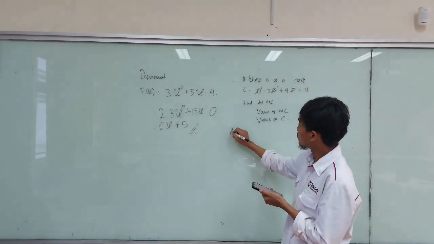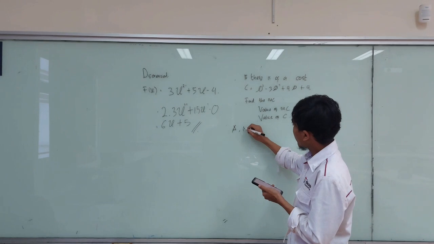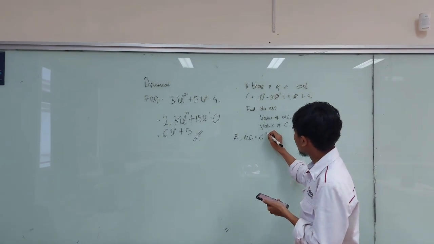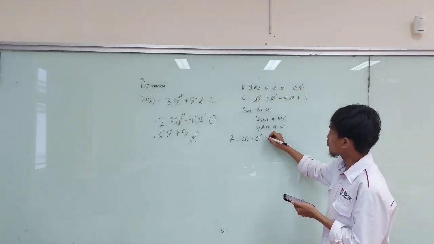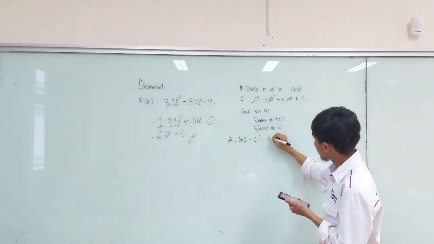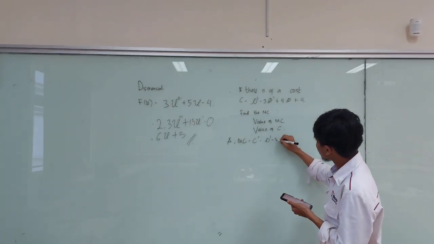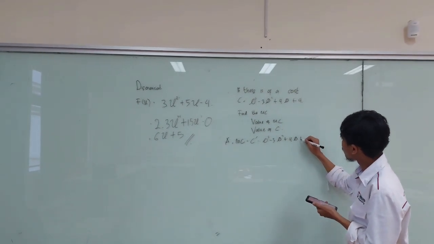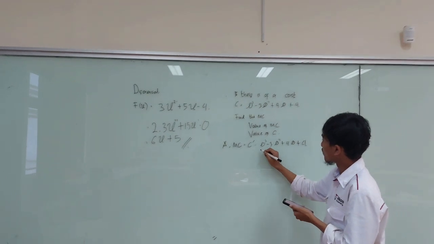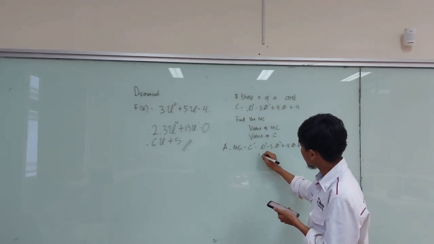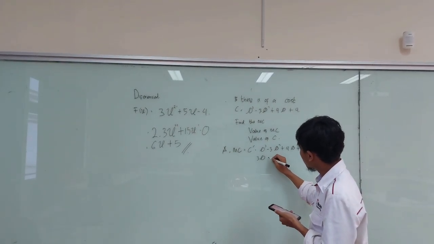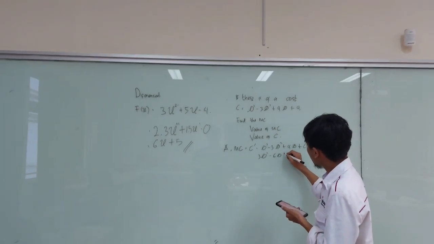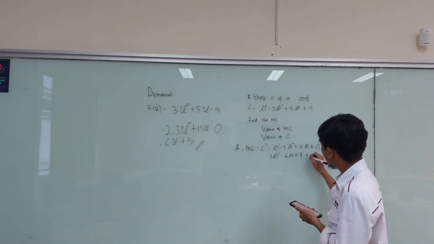For the A, MC is the differential of the cost function. Then we put it Q. Then 3Q squared, then 6Q plus 4 plus 0.